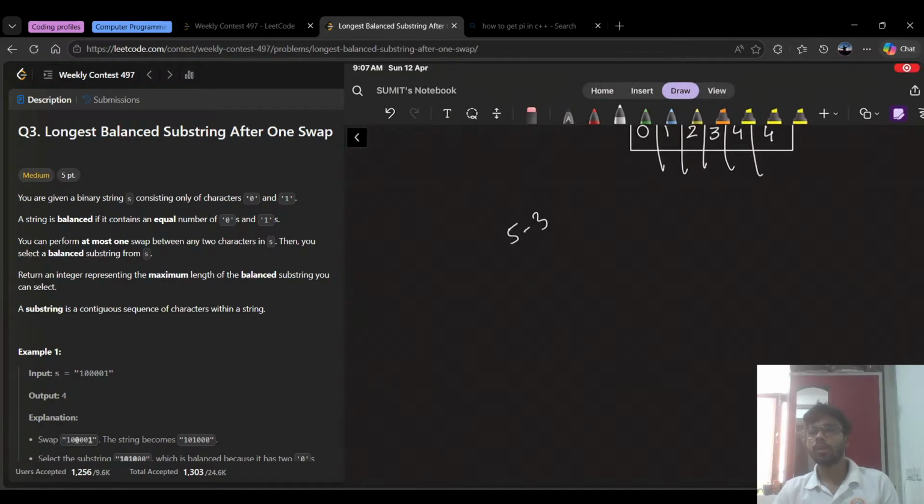If the difference is 0, then there is no need of swapping. Okay. If the difference is 1, like either one of them is... okay, that's also fine.